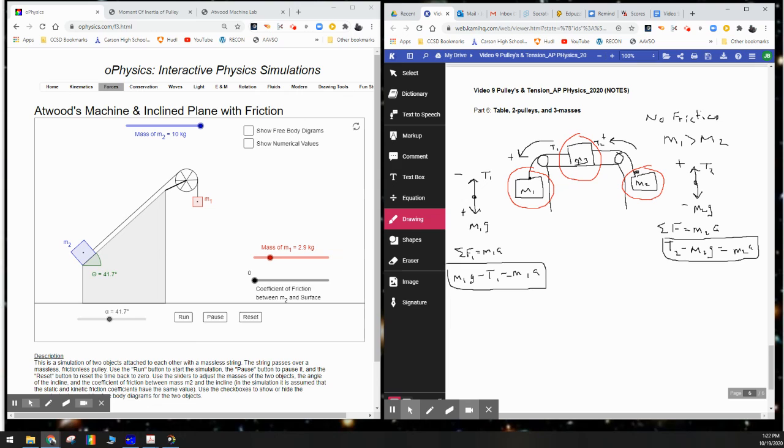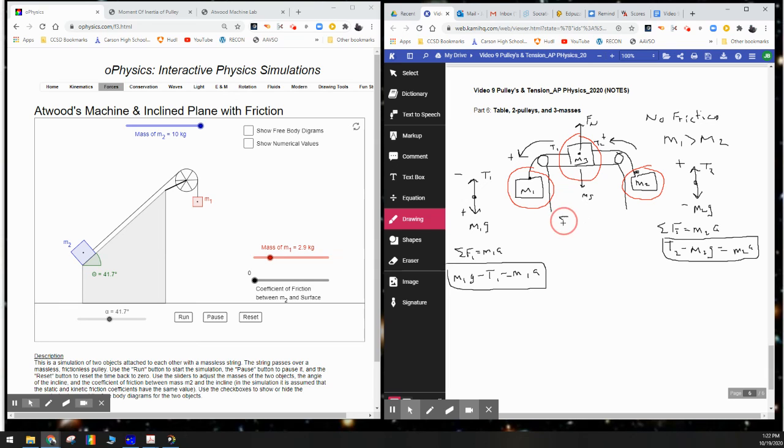Now, the center part, system 3. Here, system 3, we're going to assume that all the forces are acting on here. Now, again, we could do the normal force acting in this direction and mg acting this way. However, we're only concerned about the horizontal movement here. So positive is this direction, negative is that direction.